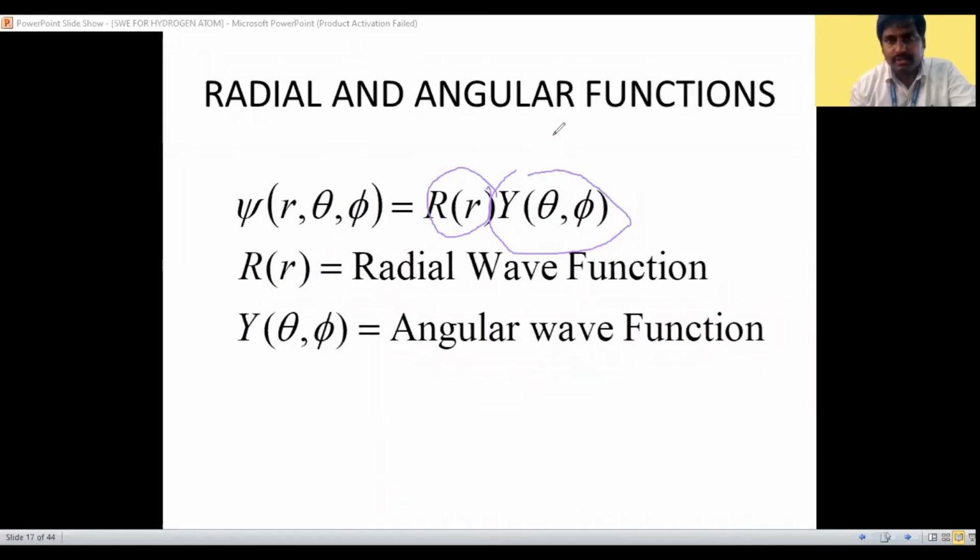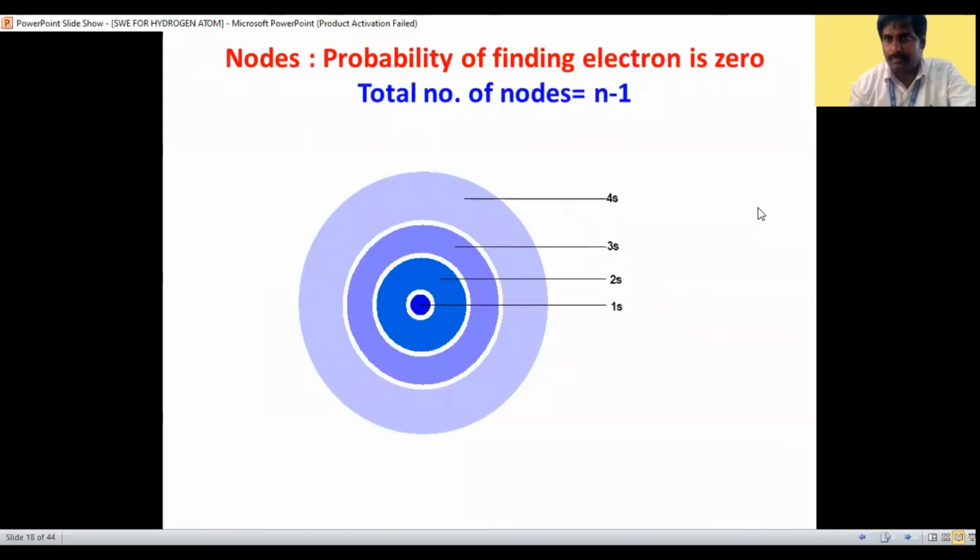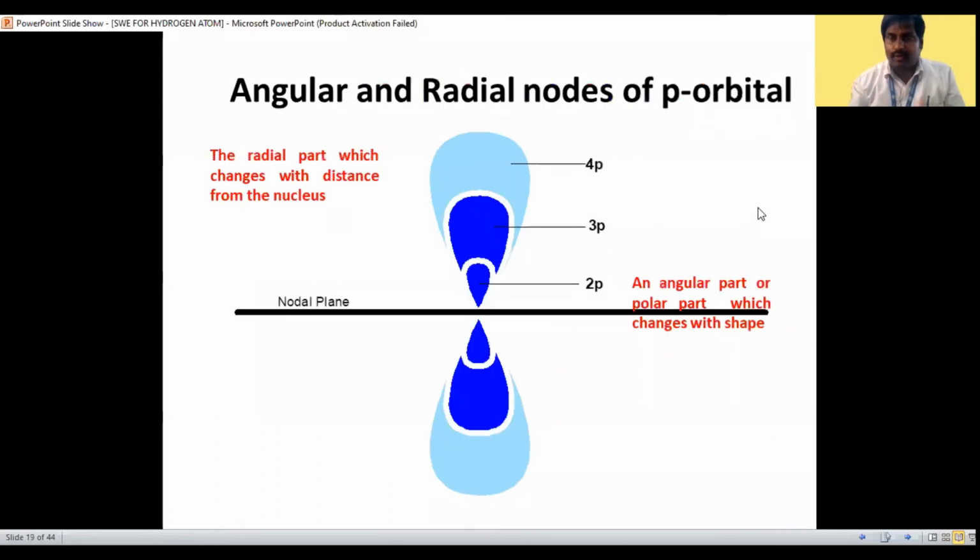Okay, see now the major difference between the radial and angular wave functions is that the radial wave function depends on the principal quantum number. The angular wave function depends on the shape of the orbital and the orientation of the orbital. Okay, this is the major difference between the angular wave function and the radial wave function.